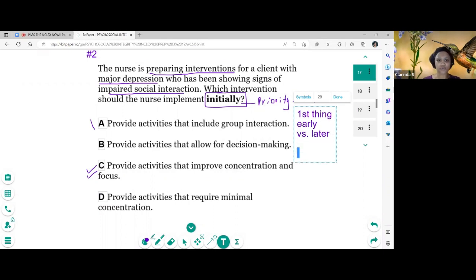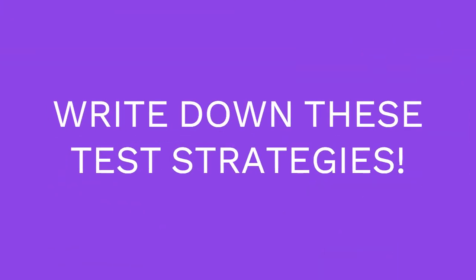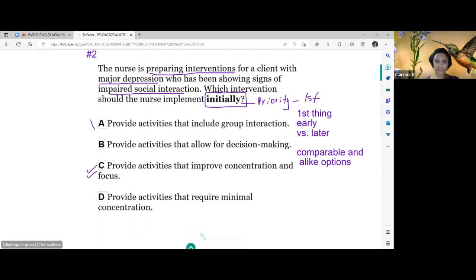This is a good question to use comparable and alike options. You want to eliminate anything that's similar. They're kind of doing maybe some similar actions for this patient. All right, so let's go back through elimination. Eliminate A, provide activities that include group interaction.